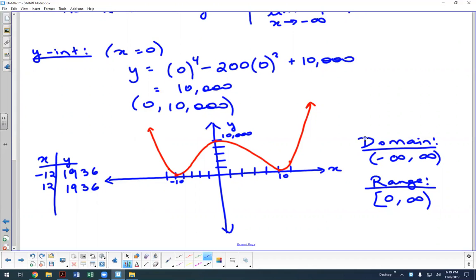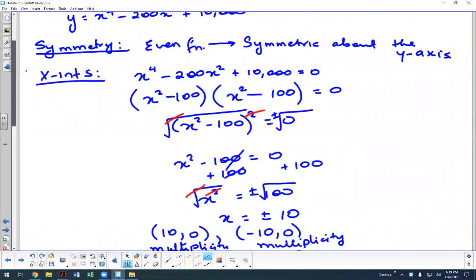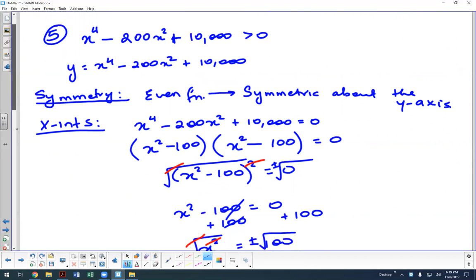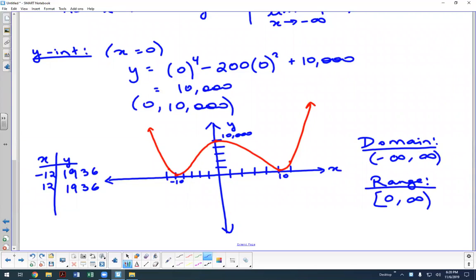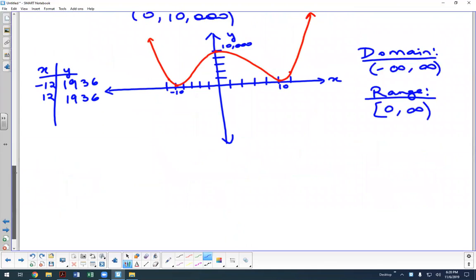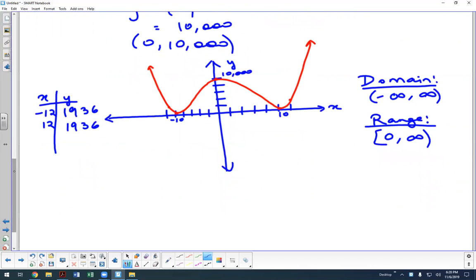Now let's get back to our inequality. So basically they wanted to know where the function value is going to be positive, right? And this is just greater than 0. So they don't want to know where the function is equal to 0. They just want to know where the function is greater than 0. So looking at our graph, what do you think will be the solution set for our inequality?